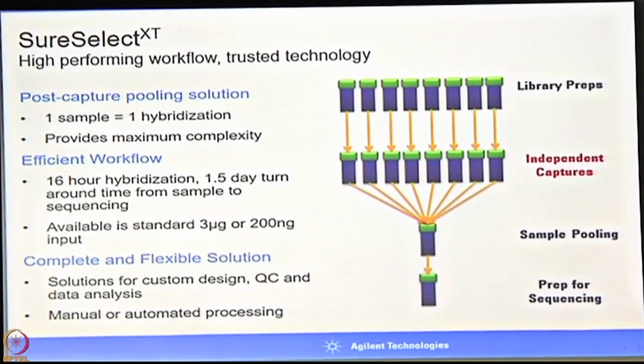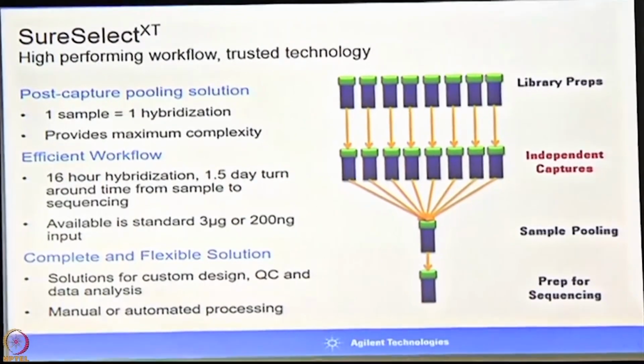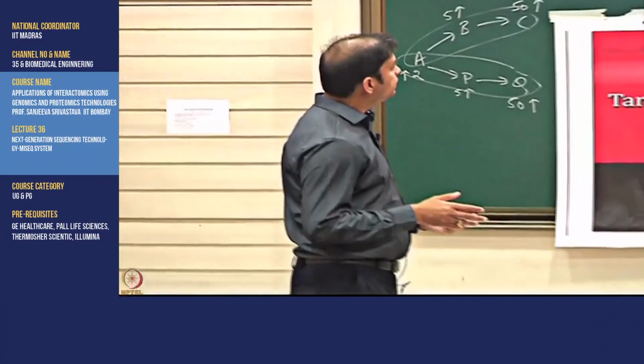If you have different patients, say 8 patients, you can make an individual library from each patient with independent capture, and you can pool while sequencing. When you go for sequencing, you can pool the samples and go for one sequencing run. So that's the XT preparation of the exome.